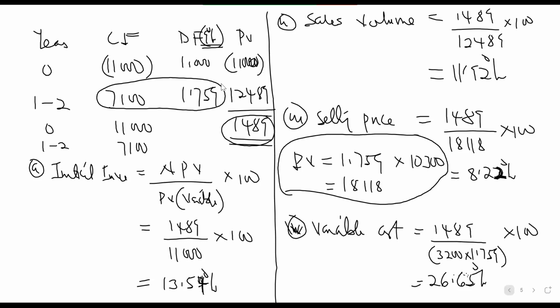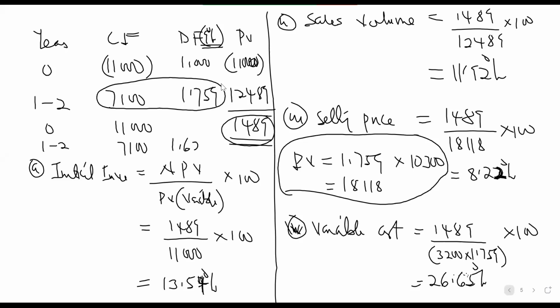The annuity for 15% for 2 years. What are you getting? 1.626.